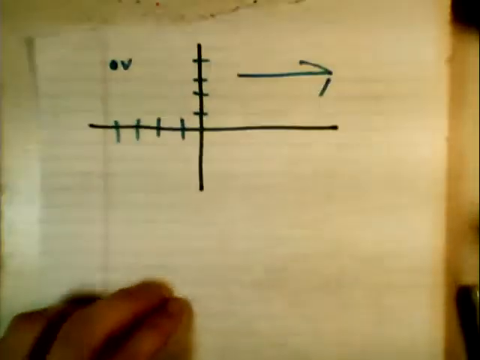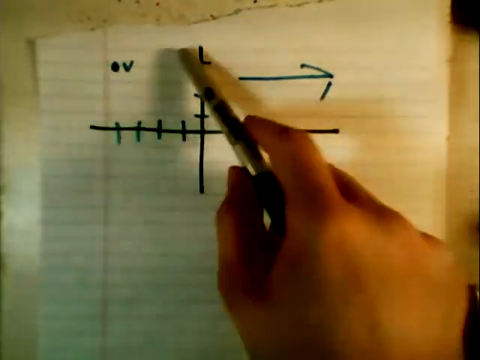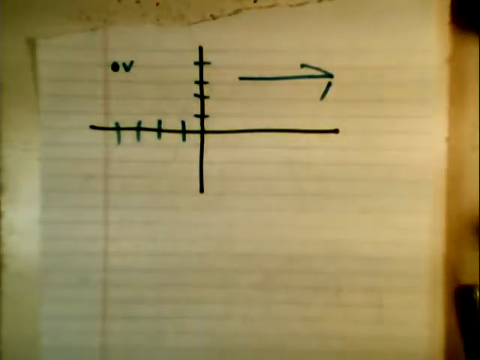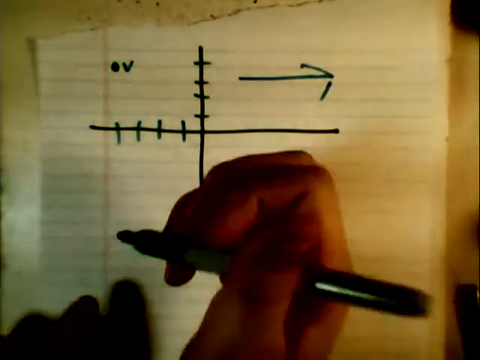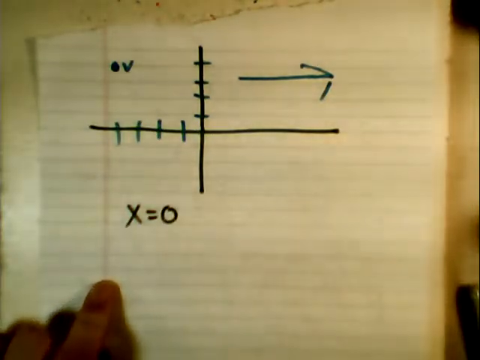Okay, now we need to figure out where another point is on our graph so that the software can graph it correctly. So we can just pick an x value. Let's pick x equals 0. And we plug that into our original function and figure out what our y value is.